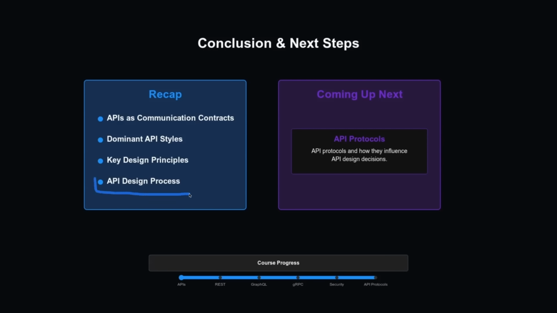And you now also understand how the design choice of your protocol will influence the design of your API and also the whole API design process from start to finish. But we didn't discuss the limitations and strengths of these API protocols. So that's why in the next lesson we will learn all about the API protocols that we can use with API design and which one we should choose based on the requirements of our API.